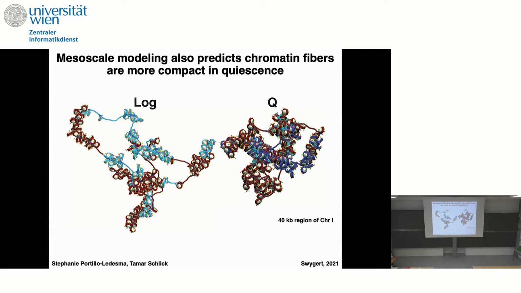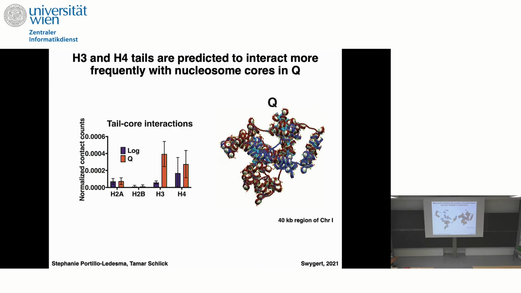So one of the really cool things about this modeling is that Stephanie was able to go in and look at all the different kinds of interactions that were present in these structures. One thing that Stephanie found is that there's an increase in interactions between histone H3 and H4 tails and the cores of other nucleosomes.